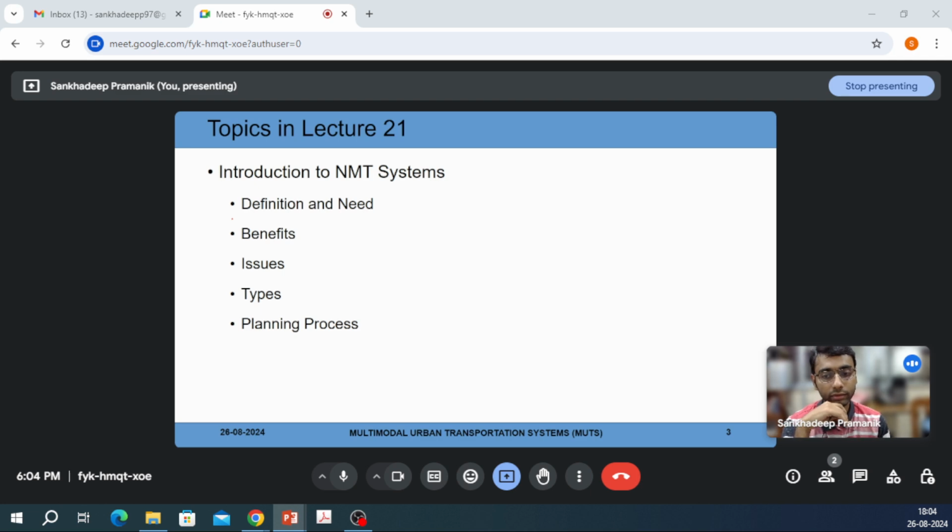Then we discussed different types of NMT modes, and we also discussed the planning process, that there are generally 5 steps involved in the planning process of an NMT system. First, we have to assess the current situation.